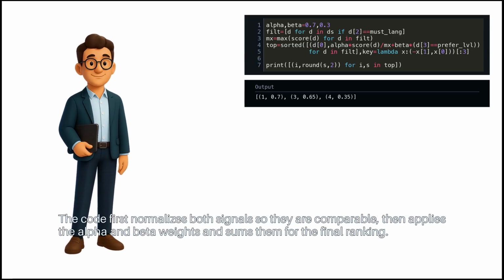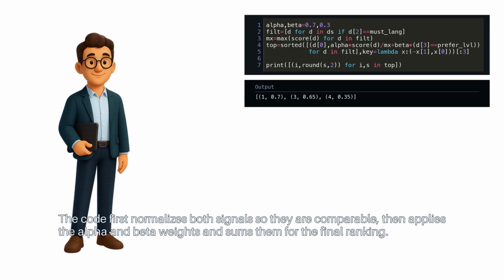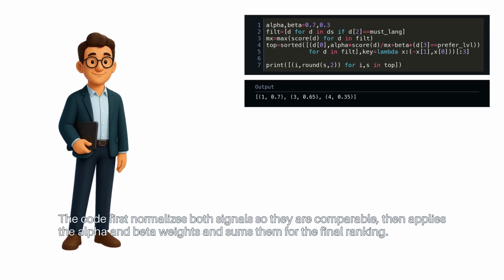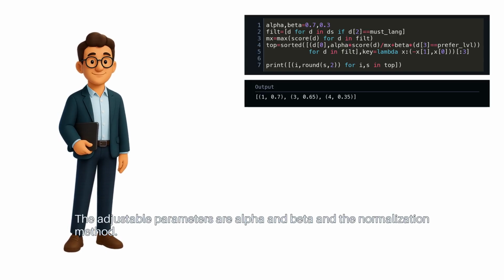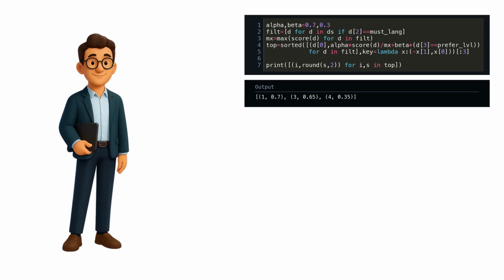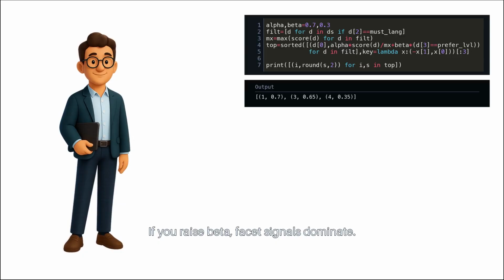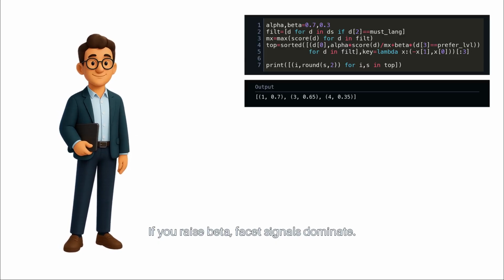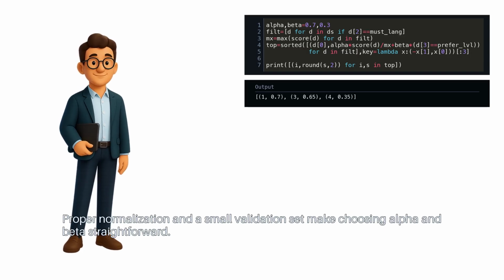The code first normalizes both signals so they are comparable, then applies the alpha and beta weights and sums them for the final ranking. The adjustable parameters are alpha and beta and the normalization method. If you raise alpha, text relevance wins. If you raise beta, facet signals dominate. Proper normalization and a small validation set make choosing alpha and beta straightforward.